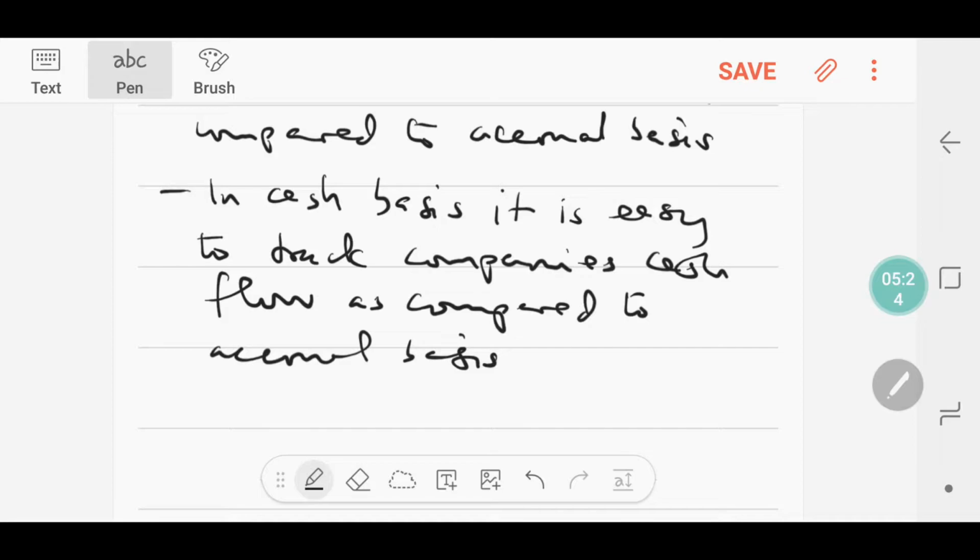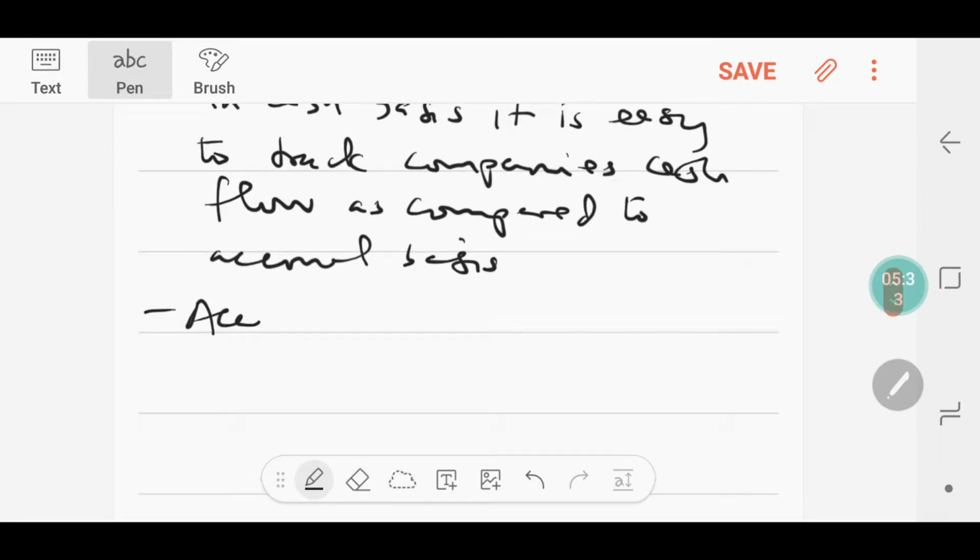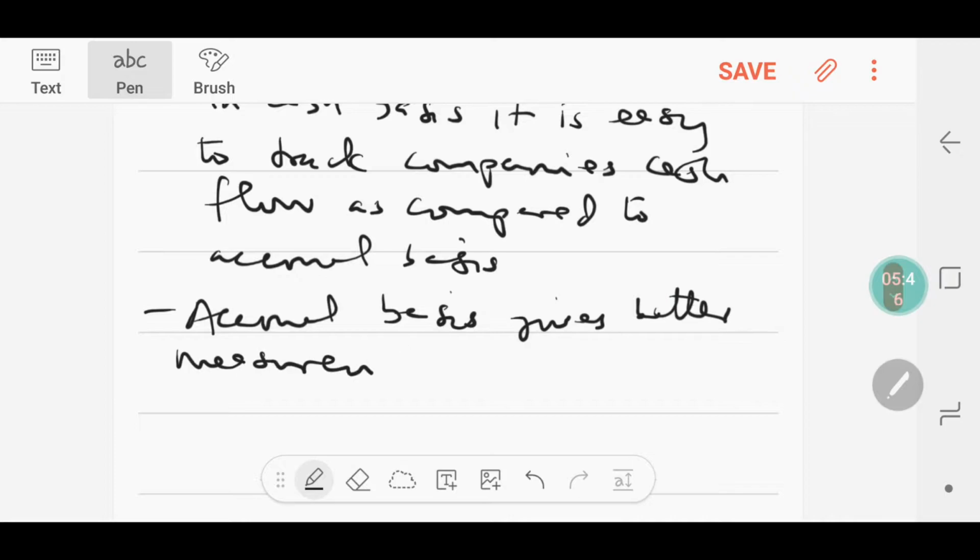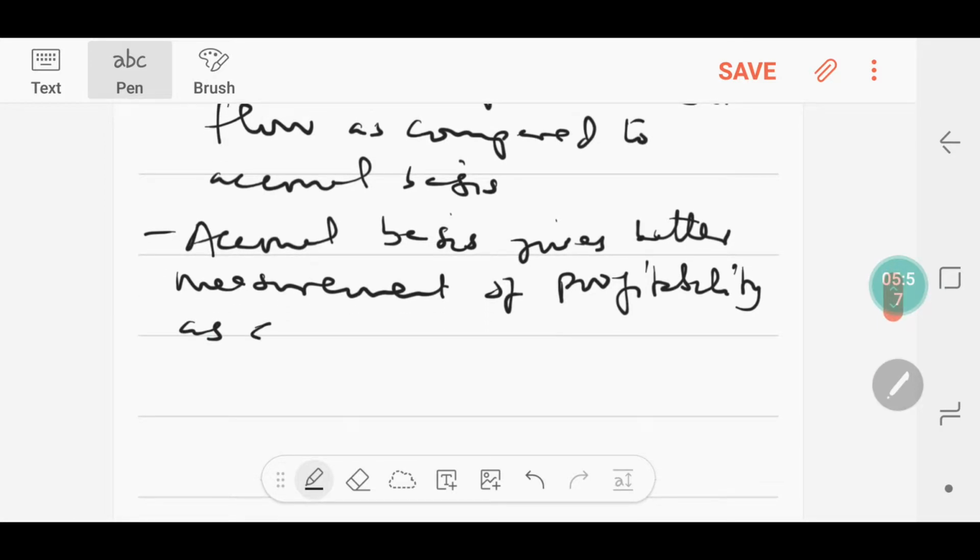Another difference between accrual basis and cash basis is that accrual basis gives better measurement of profitability as compared to cash basis.